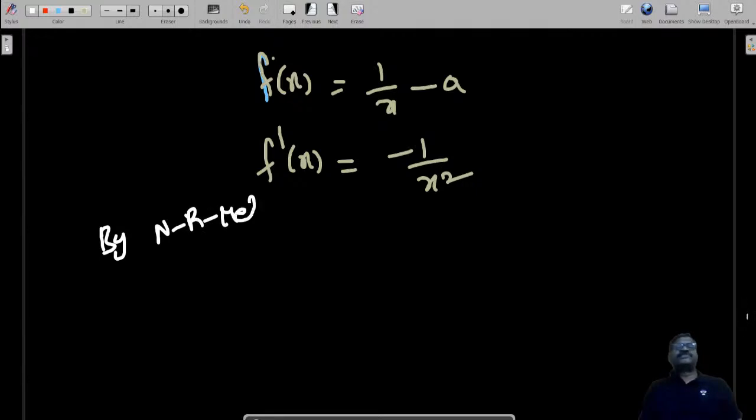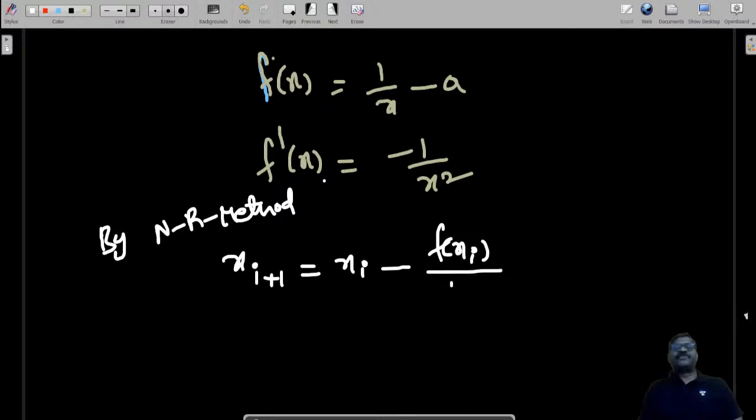By Newton-Raphson method, xi plus 1 is xi minus f of xi by f dash xi.